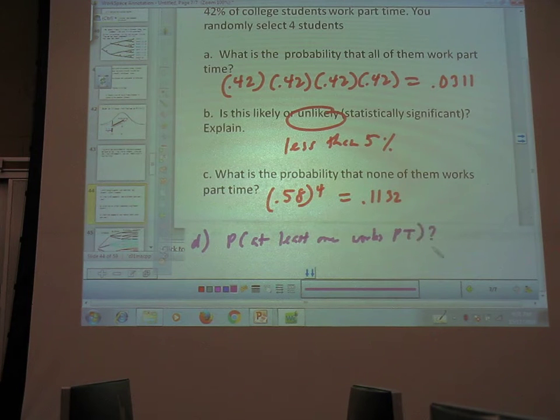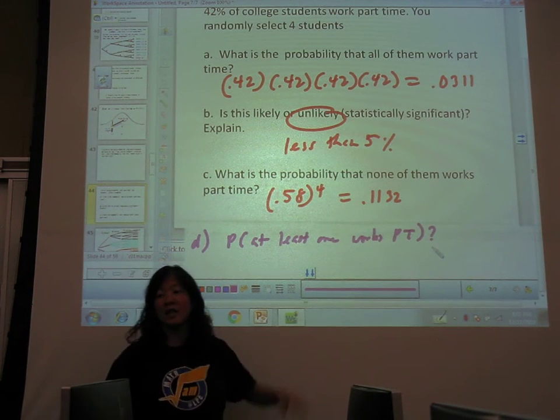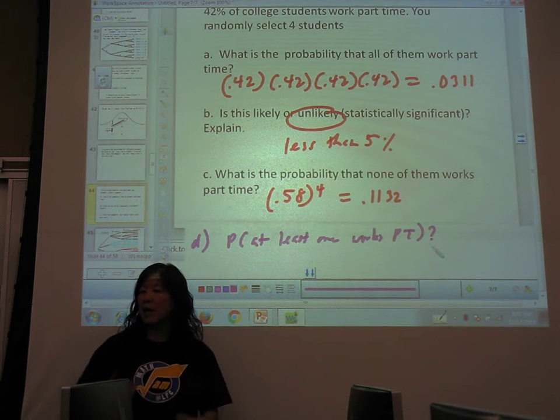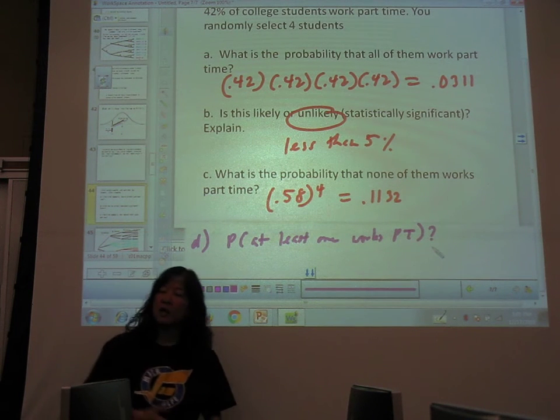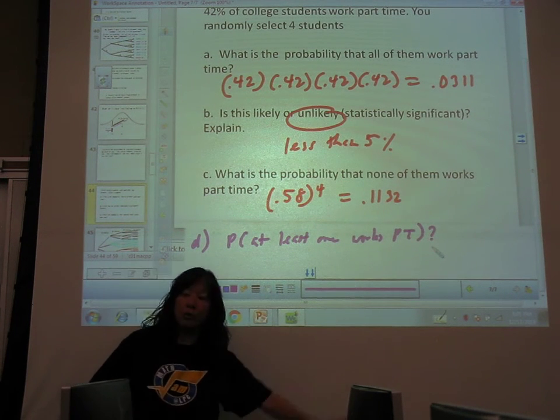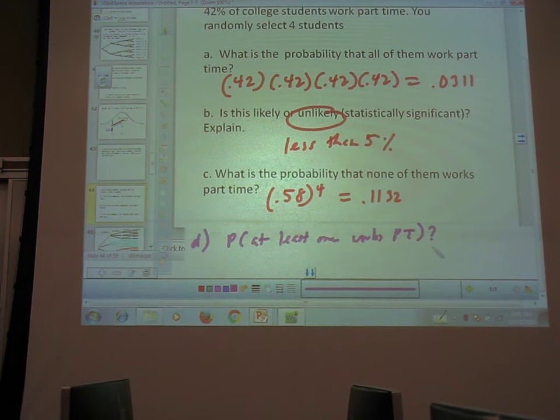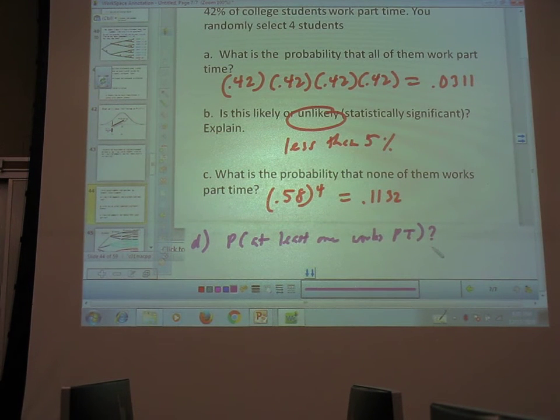So yeah, the alls and the nones are super easy, straightforward. It's the at least one that's that strange one: one minus none. Either you have at least one person working part-time or you have no people working part-time. So do you guys want 10 seconds to sort that one out?